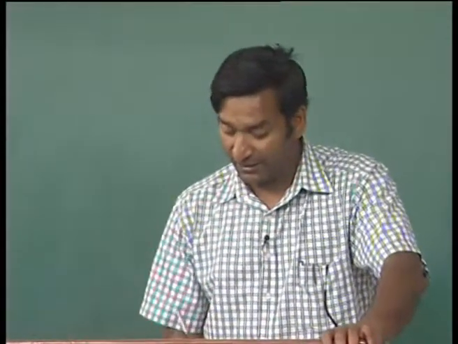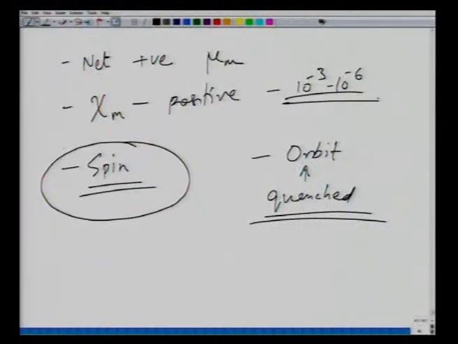So for paramagnetic materials, in this discussion we will only consider spin paramagnetism, because the orbital contribution is quenched in these materials for reasons which are beyond this course, but essentially it's because of the local field created by the surrounding ions in the lattice. As a result, these orbits are coupled to the lattice, and the magnetic moments are unable to flip back and forth.